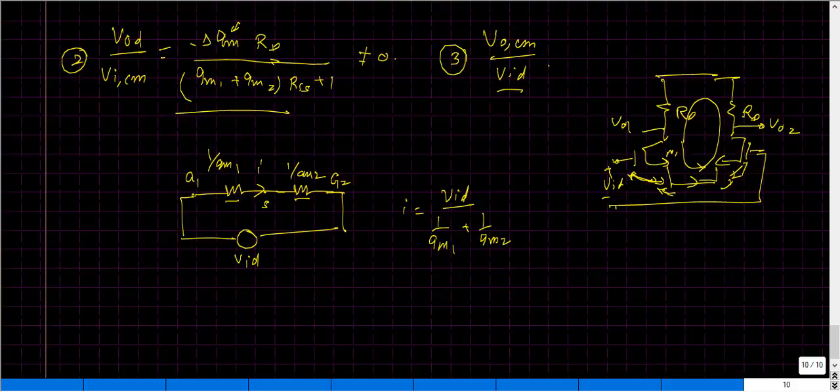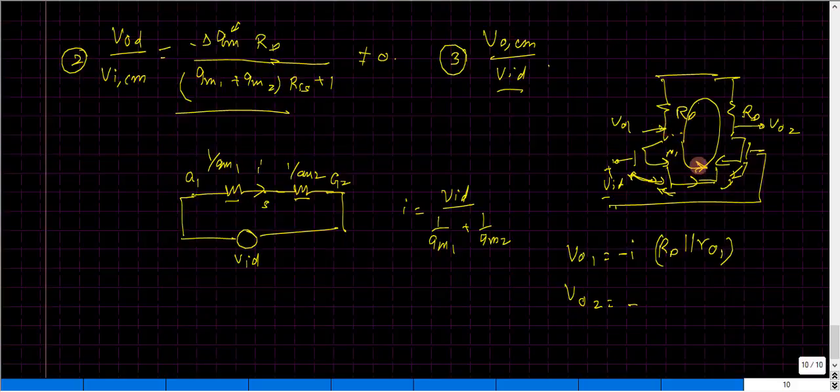So now I'm going to write my output voltages, which is VO1, nothing but the current that is flowing across the R out, which clearly is nothing but RD in parallel with RO1, and my VO2 could be written as, sorry, here I have to have a negative sign because the current is flowing towards the higher potential.